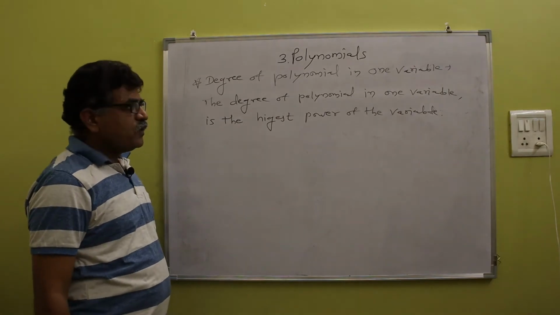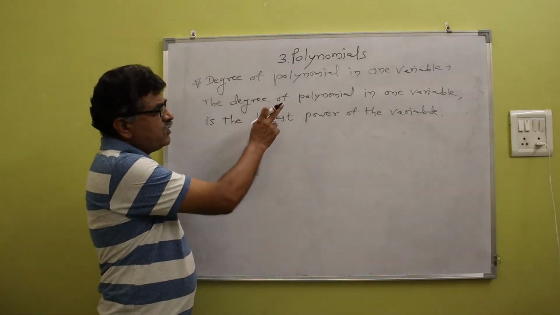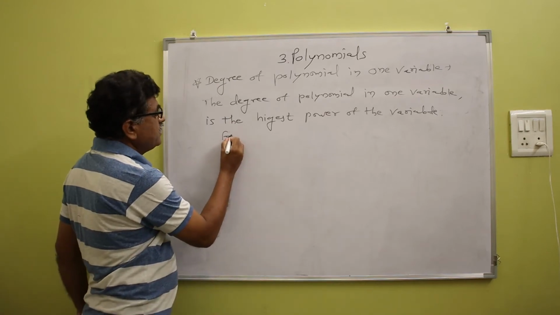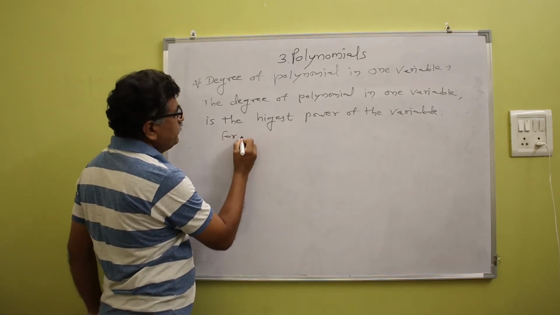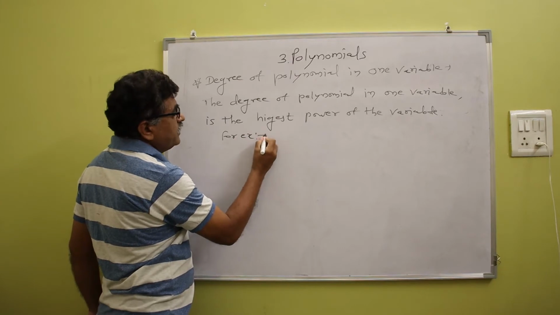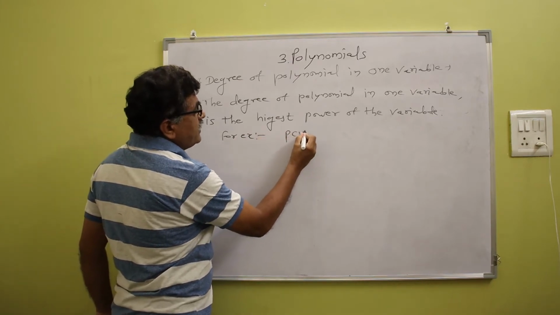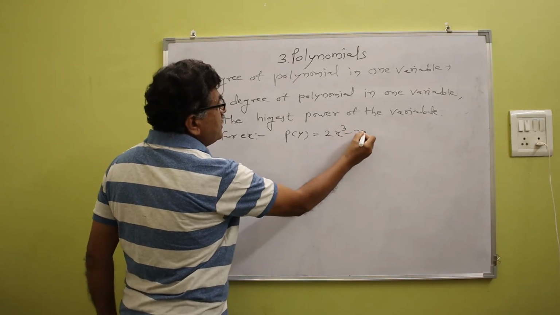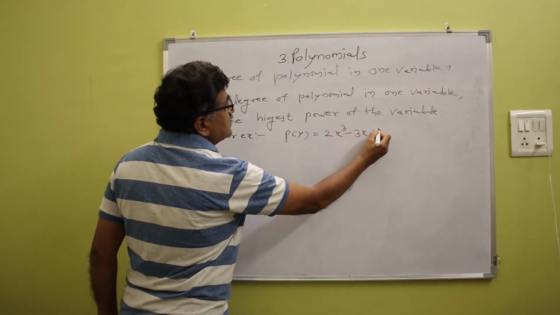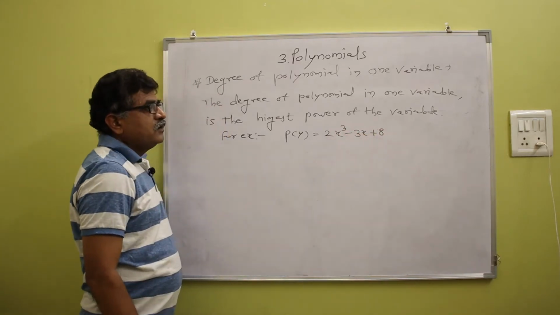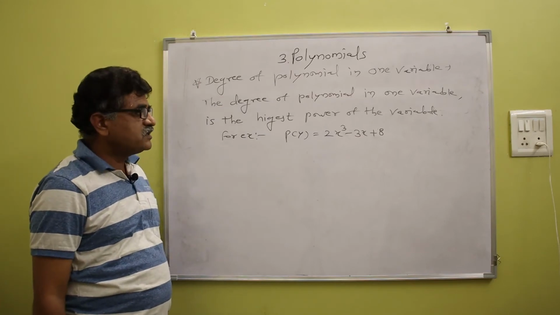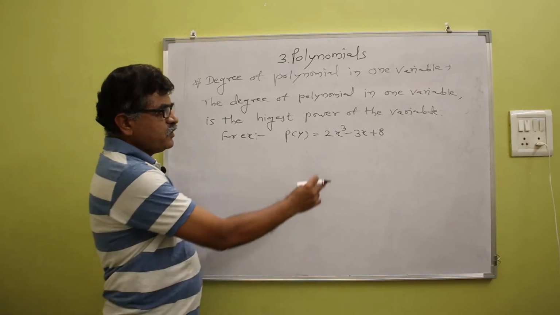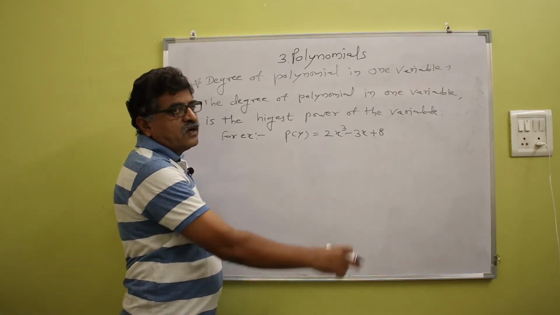Now for the degree of a polynomial in one variable, for example, p of x is equal to 2x cube minus 3x plus 8. This is the given polynomial. Now this polynomial contains only one variable.